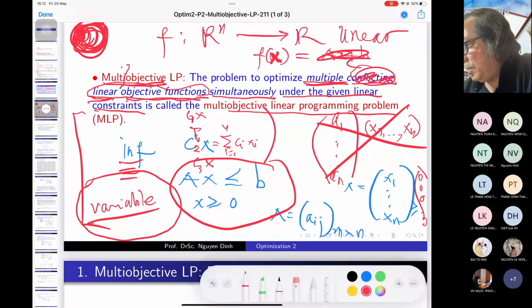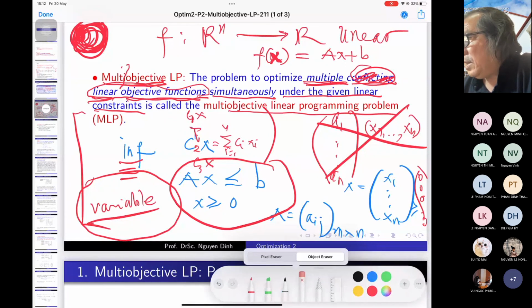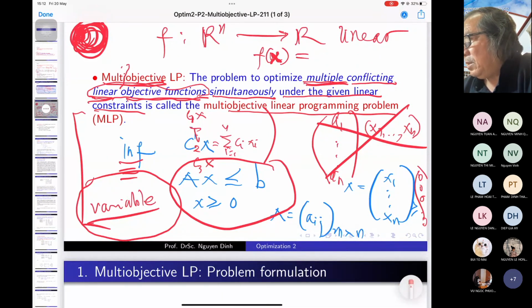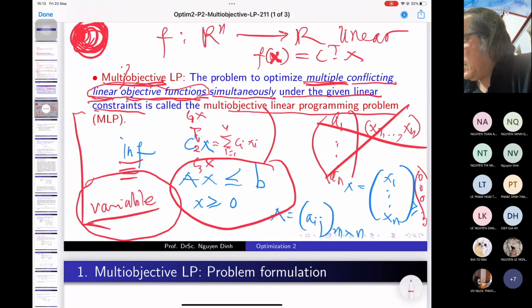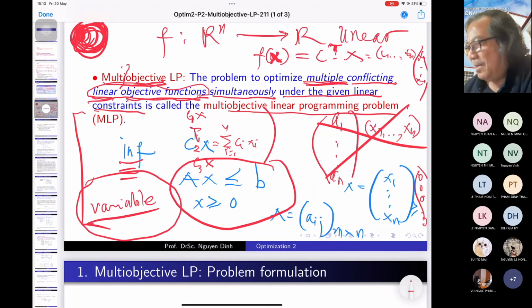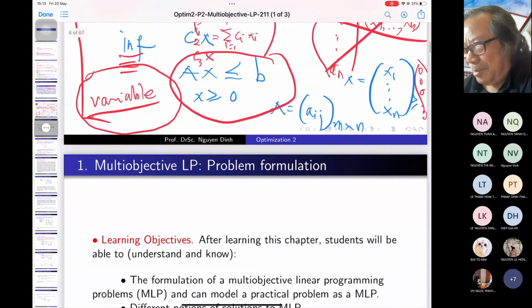If you write all vectors as column vectors, then it is of the form C^T x. C is a column vector, so C^T is a row vector, equal to C1, ..., Cn times x1, ..., xn. But no b. My God, Tuấn Anh, terrible.